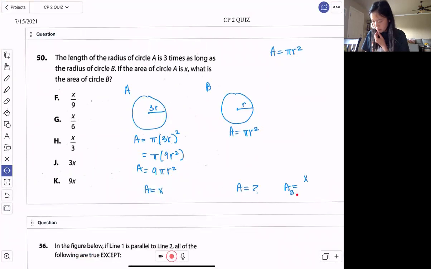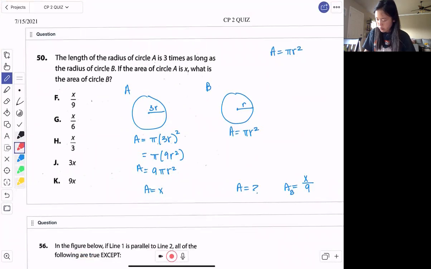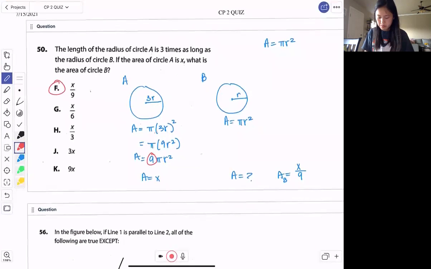So in relationship to B, the area for B is 1/9 of A because A has 9 times its amount. So I would probably choose F. That one's kind of tricky too.